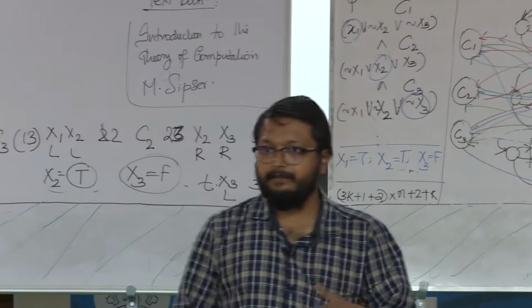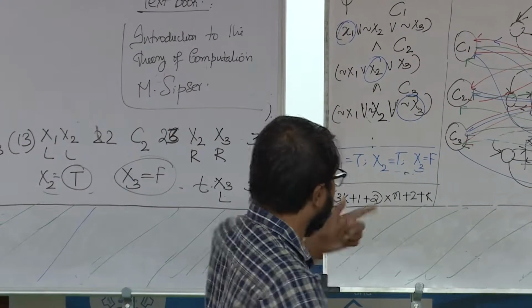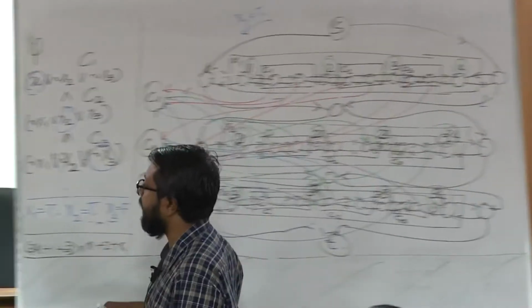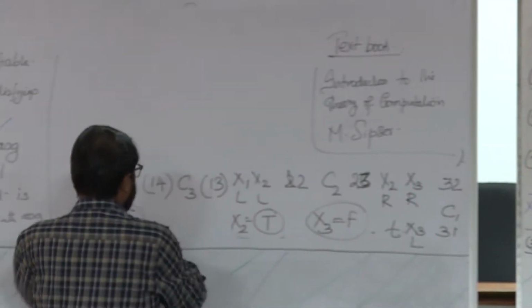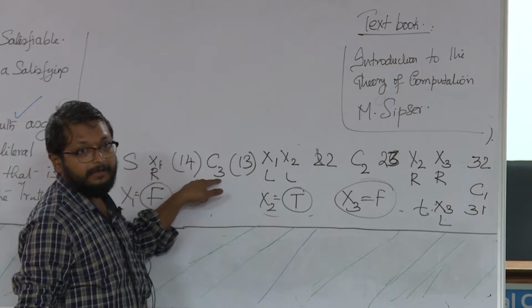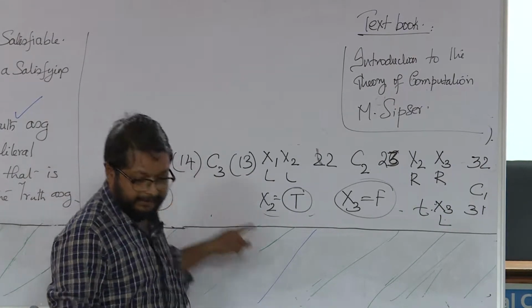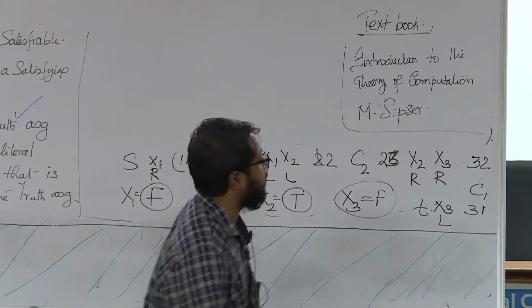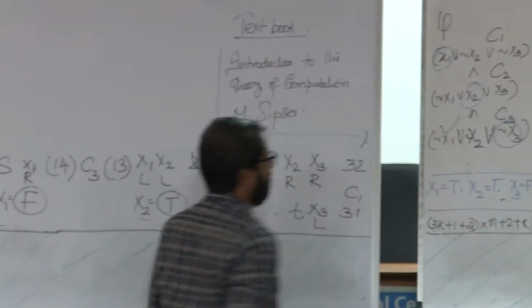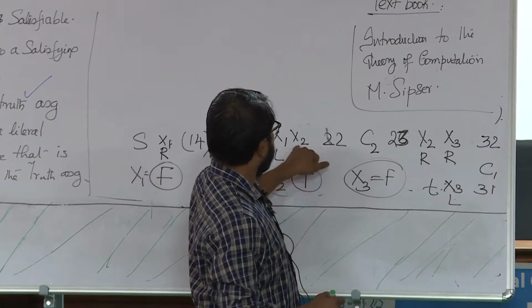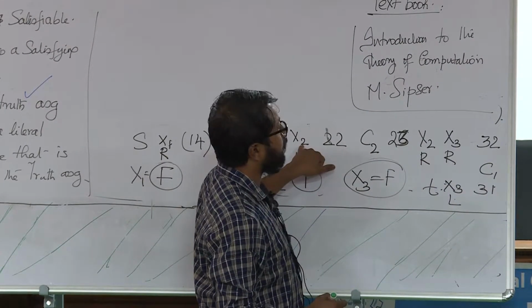And if you look at the trace, the path, you see that, for example, here C3 is visited from x1, which means x1 equal to false will appear in C3. Correct? x1 equal to false appears in C3. That's why C3 is able to cover this. Similarly, you visited C2 from x2 and x2 equal to true should appear in C2.